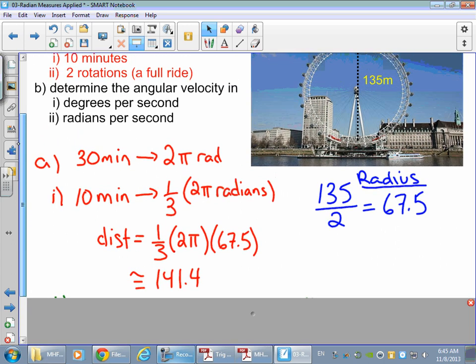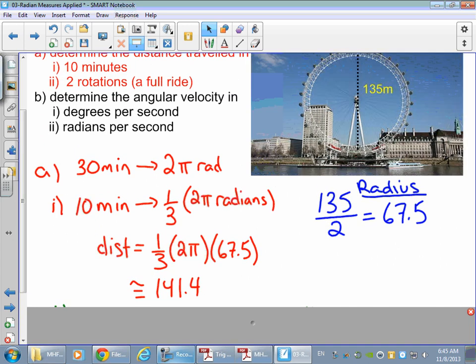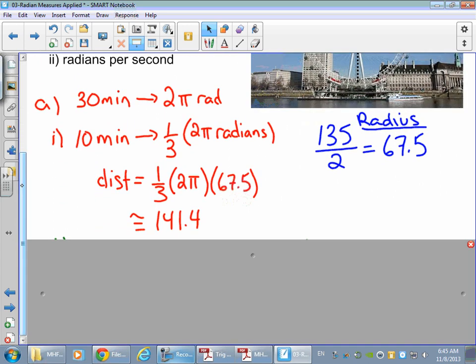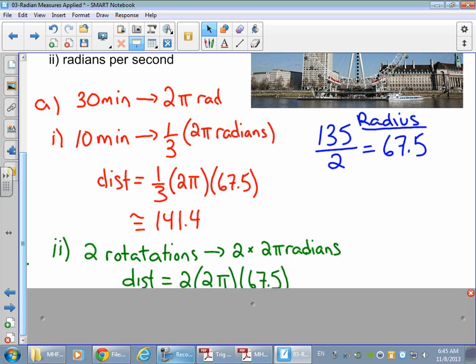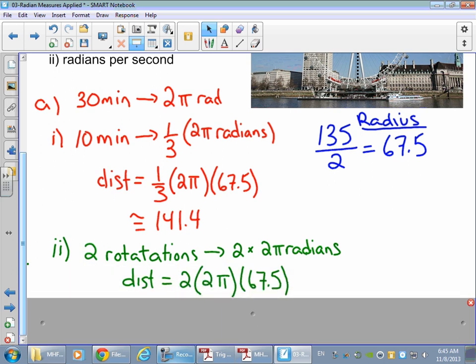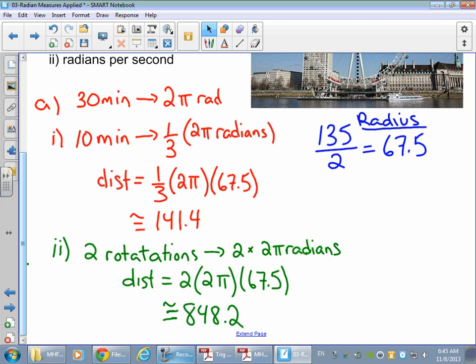The second question was if you go through 2 full rotations, and again, pretty straightforward stuff. 1 full rotation is 2 pi radians, so 2 rotations is 2 times that. That distance is calculated the same way. Put in the 67.5 for the length of a radius, and we end up with 848.2.